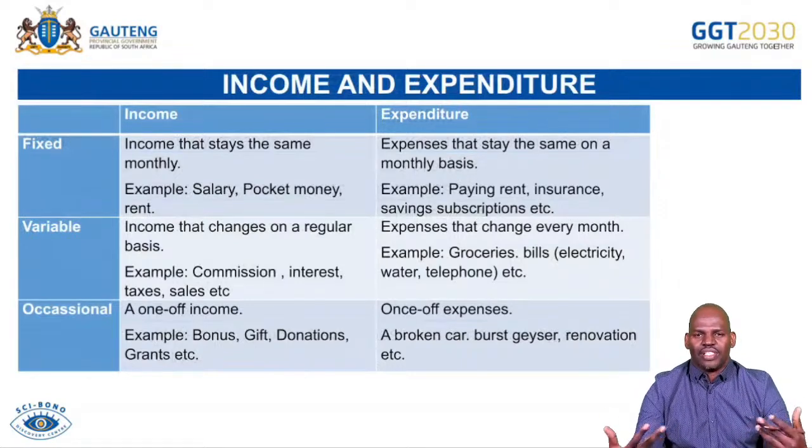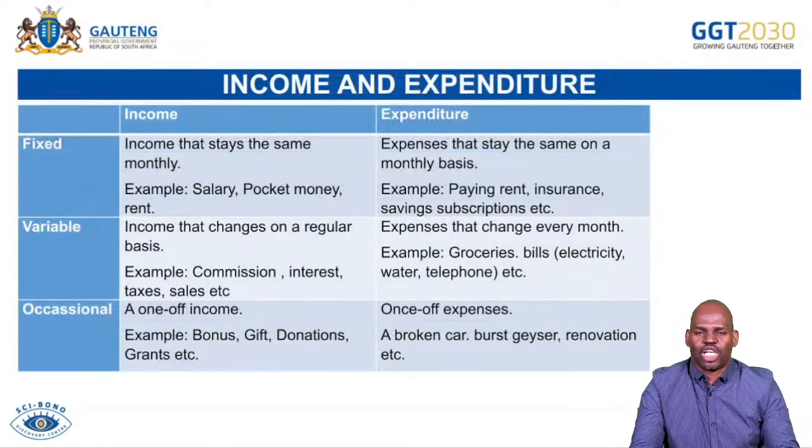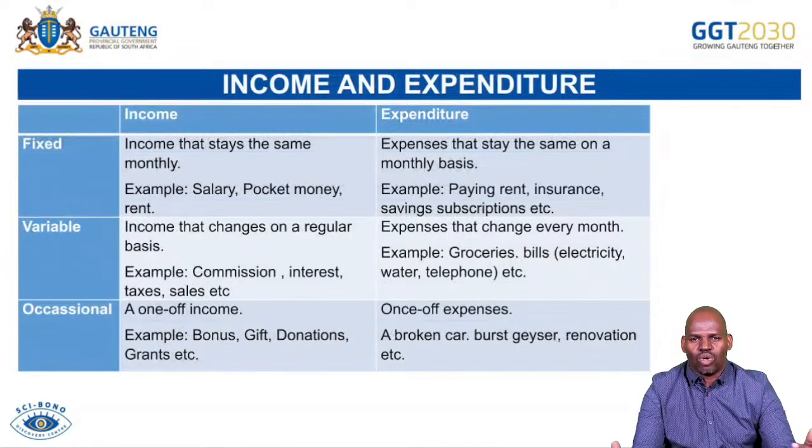If you are rendering a service, you'll always get money from rendering that service. But you are also going to have operational costs. In the case of catering, for instance, transportation, hiring employees or people to help you, and so on. So that will be the expenditure.